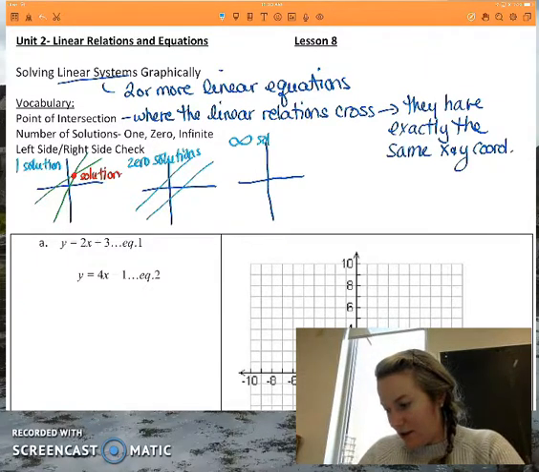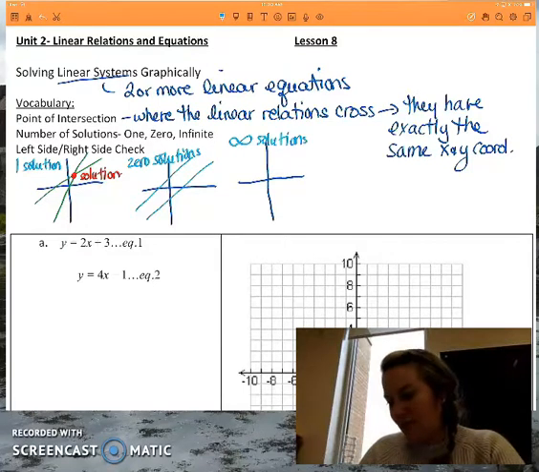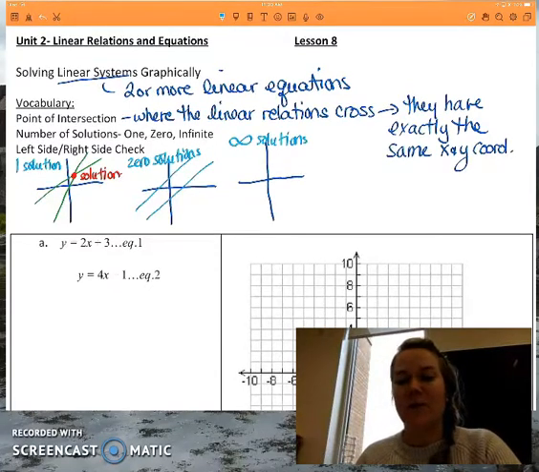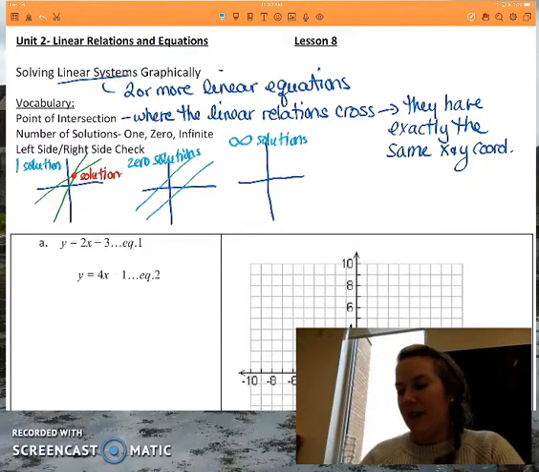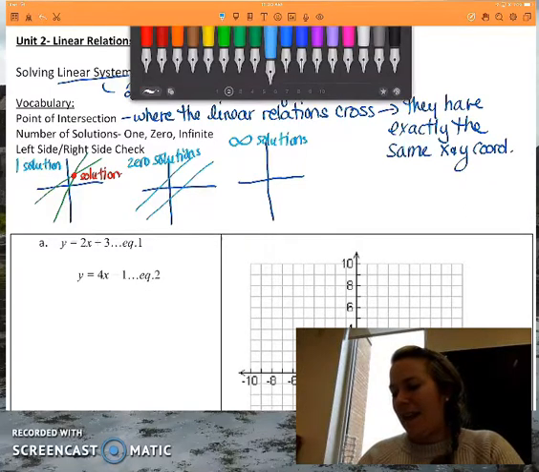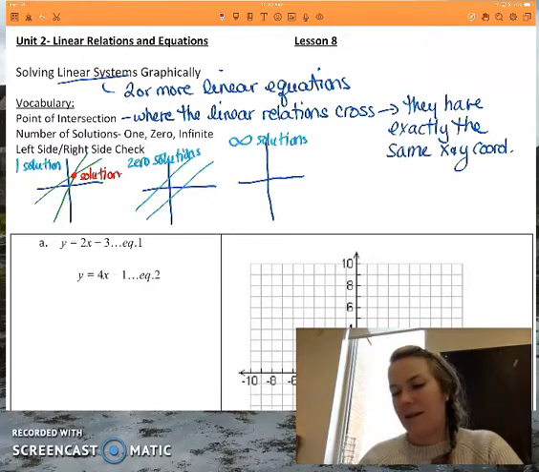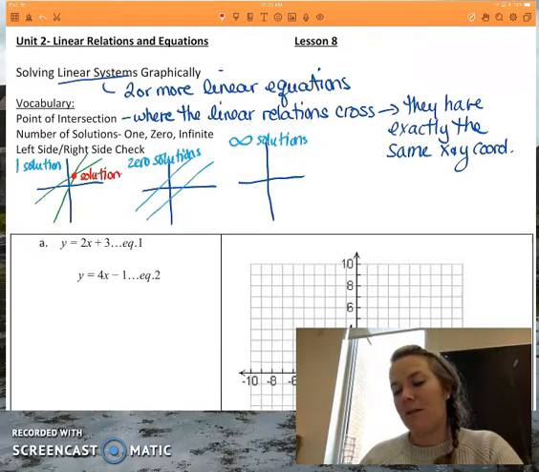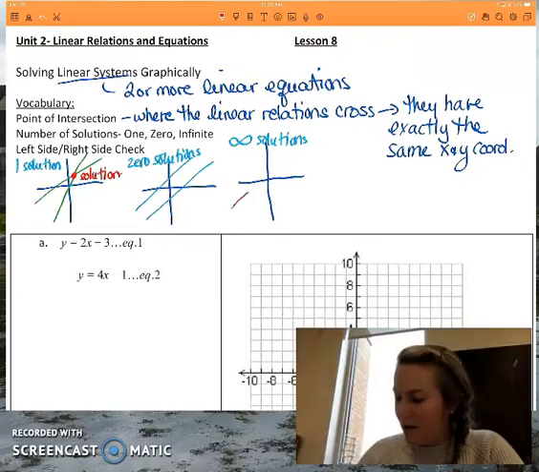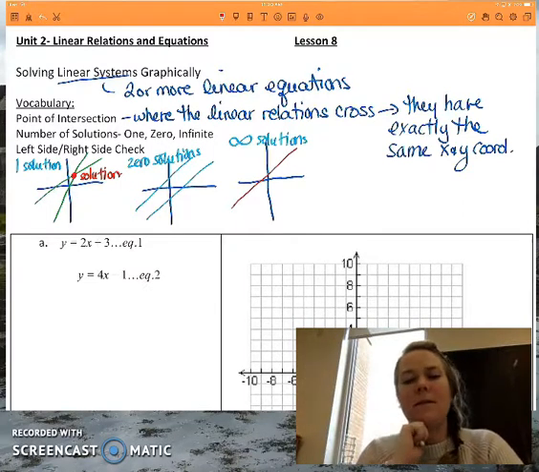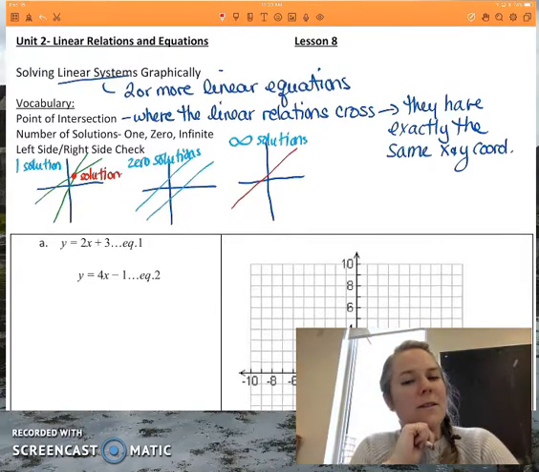And last but not least is an example where we have infinite solutions. That's the sign for infinity. And when I draw this, you might think that I'm losing my mind a little bit. There it is. Infinite solutions.